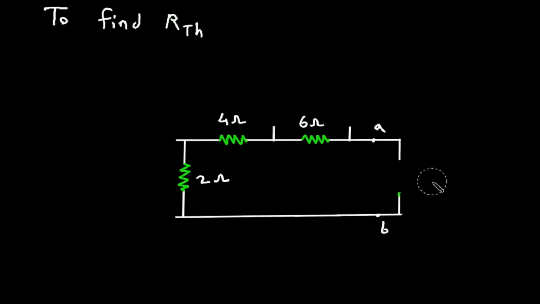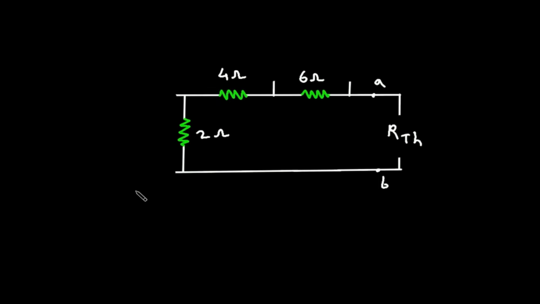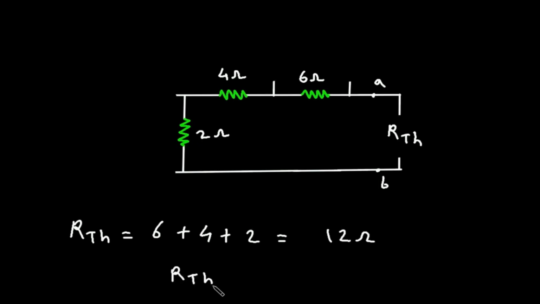And here this will be our RTH. Now RTH is equal to 6 plus 4 plus 2. So this is equal to 12. So 12 ohm is the value of RTH.